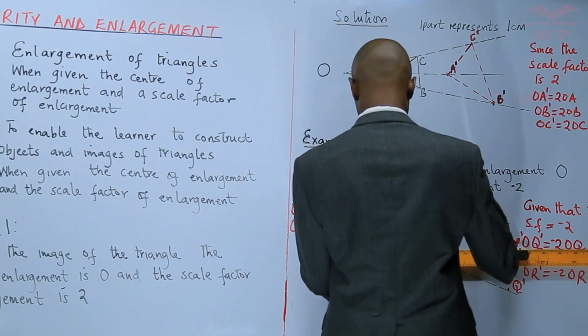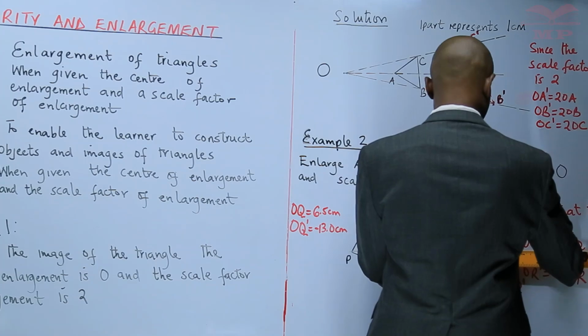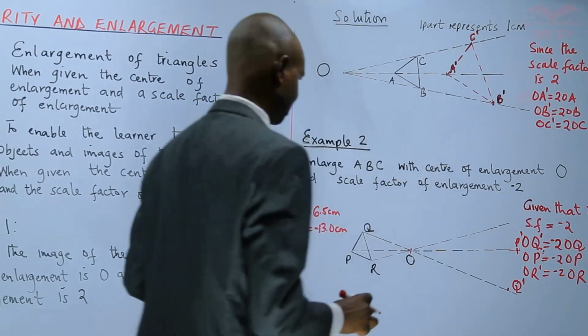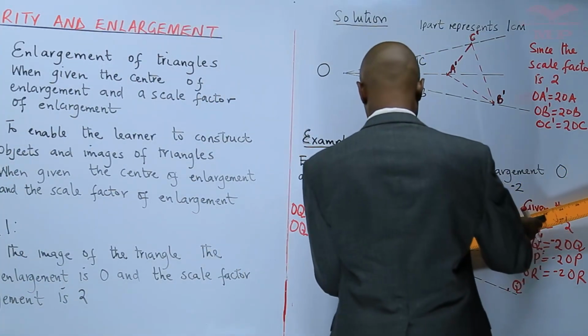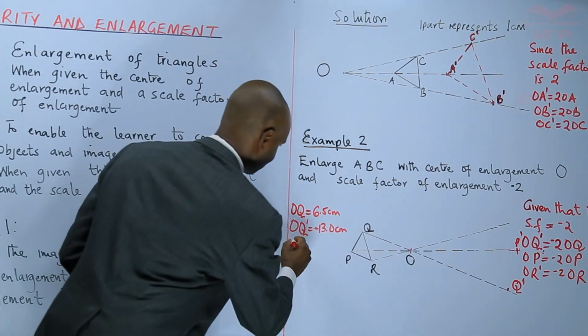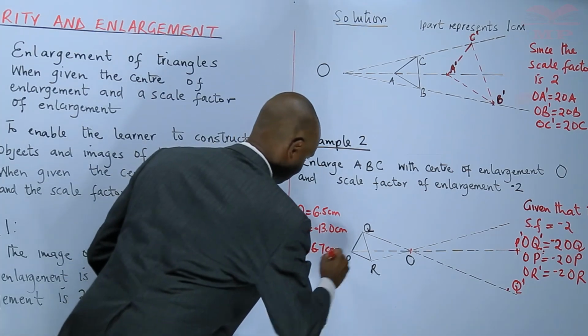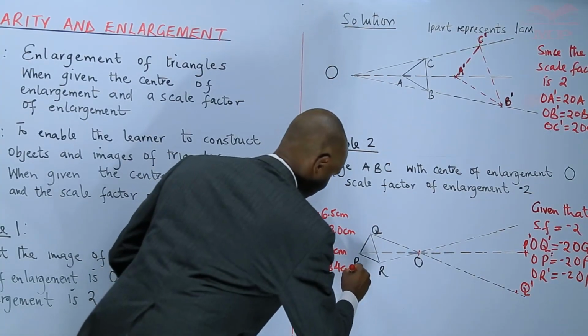This is 6.7. This is 13.4. Supposed to be here. That is P. So you come and say OP is equal to 6.7 centimeters. OP prime minus 13.4 centimeters.